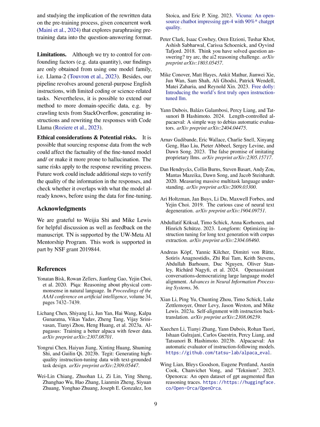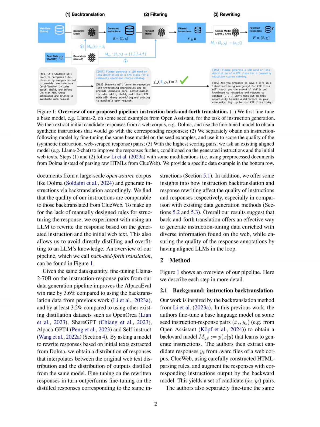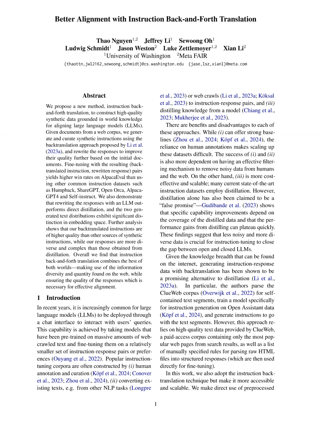Additionally, our pipeline generates a larger dataset of 51.2K instruction response pairs, significantly more than previous methods, while maintaining high quality through aligned LLMs in the loop. Overall, back-and-forth translation not only improves data quality, but also enhances scalability and accessibility in instruction tuning data generation.